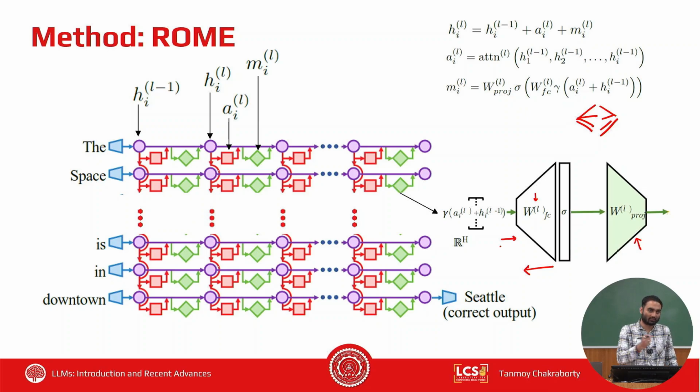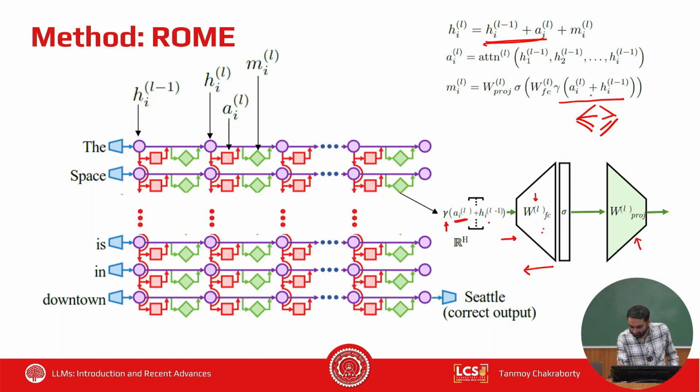The input to the MLP is the output of the attention. So the attention is this A_i^L. Please look at the notation again. A_i^L is the attention at that layer, and H_i^(L-1) is the hidden state of the previous layer. This plus this will be passed through a non-linearity, and this will be fed to the multi-layer perceptron.